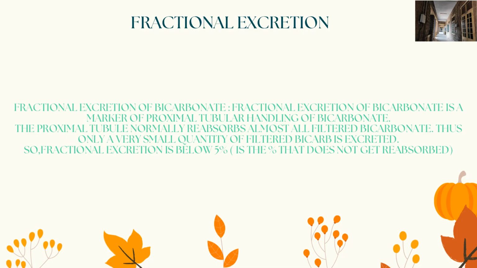The amount of the substance that's not reabsorbed in the tubule because of PCT defect, thereby being the percentage that's being lost in the urine. If 100% was glomerularly filtered, the percentage that's not being reabsorbed and being lost in the urine is the fractional excretion.